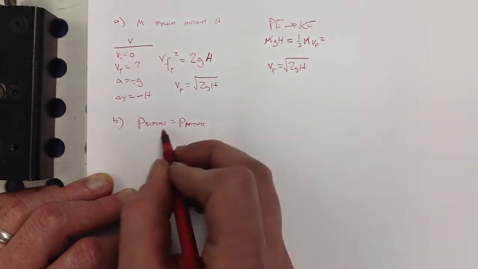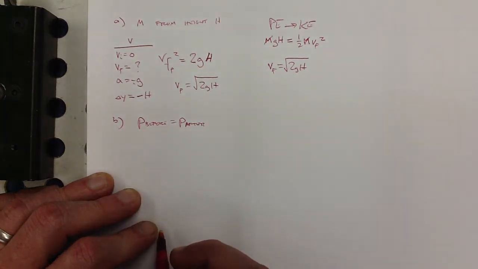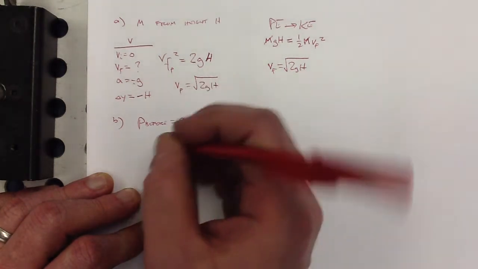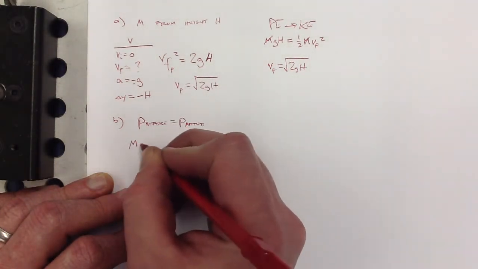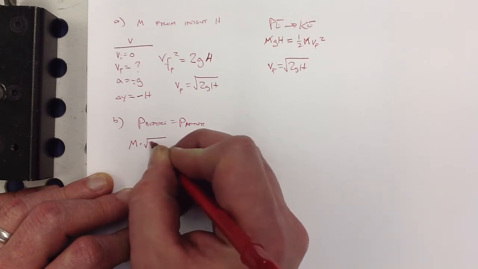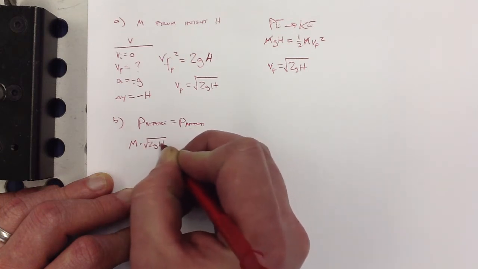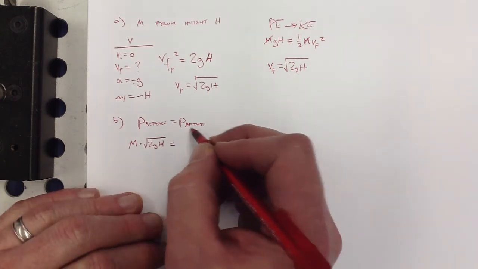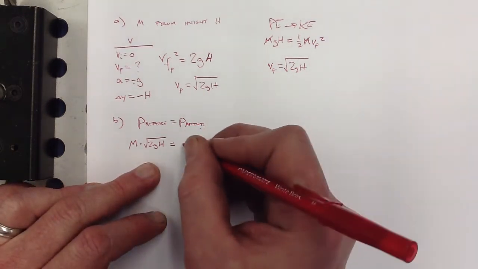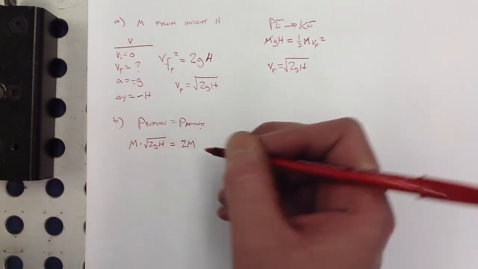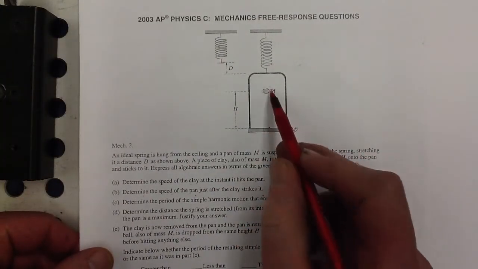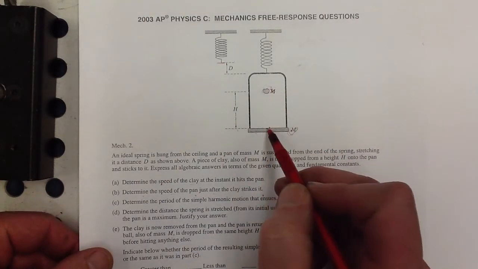Well, before, the only thing that has momentum is the clay dropping, right? And this is its velocity. So it's mass times its velocity is equal to the momentum after, which is 2m. 2m is the mass of the tray with the mass of the clay stuck to it, right?